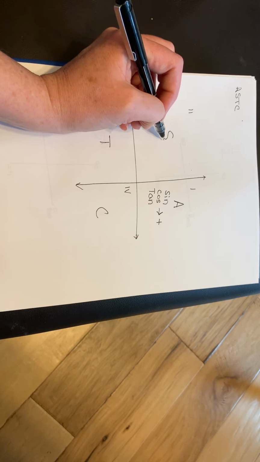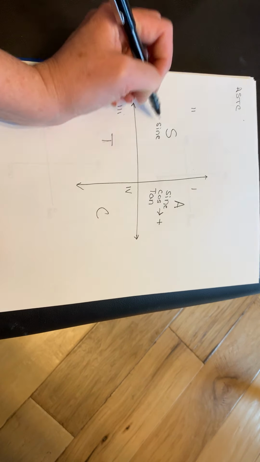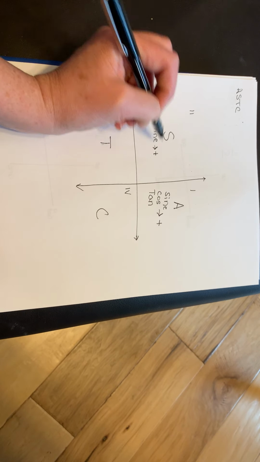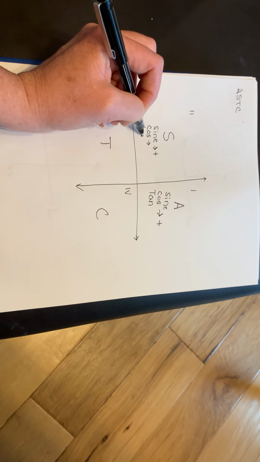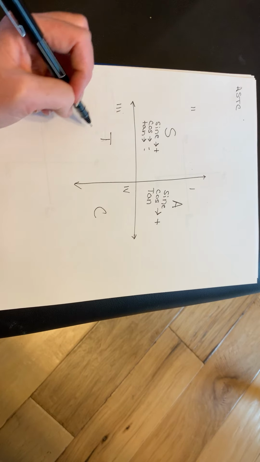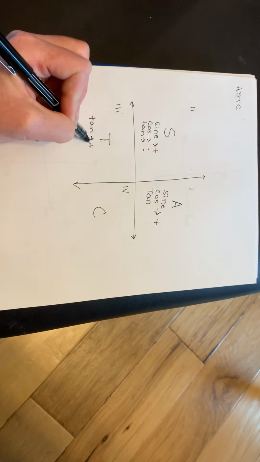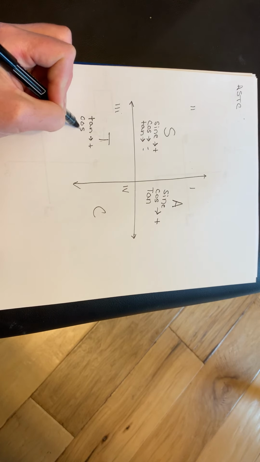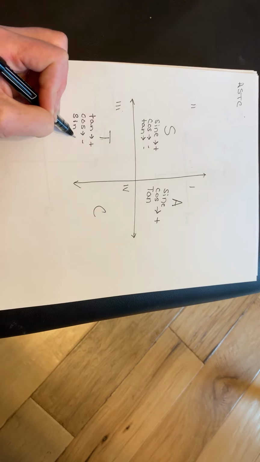Okay? In this quadrant, only sine is positive. That means cosine and tangent are both negative. In this quadrant, only tangent can be positive, so tangent's positive. Cosine is negative, sine is negative as well.